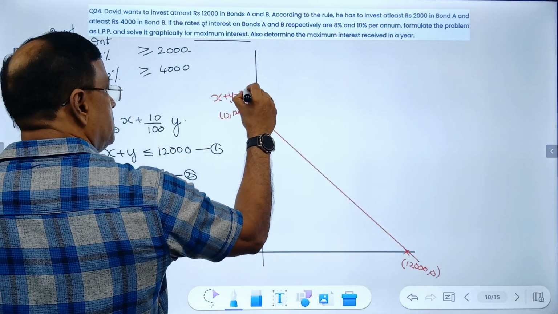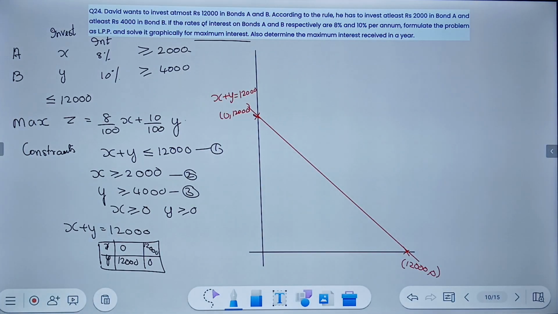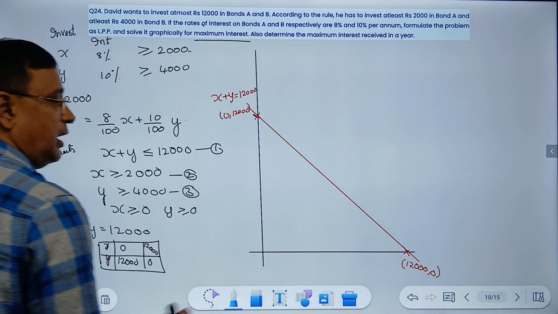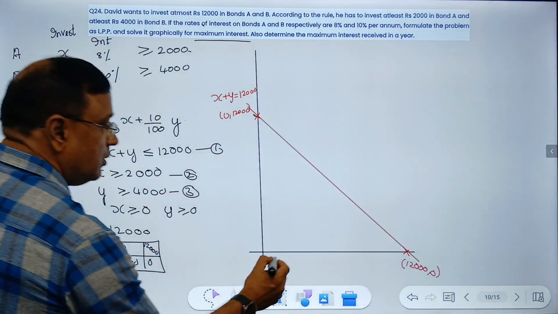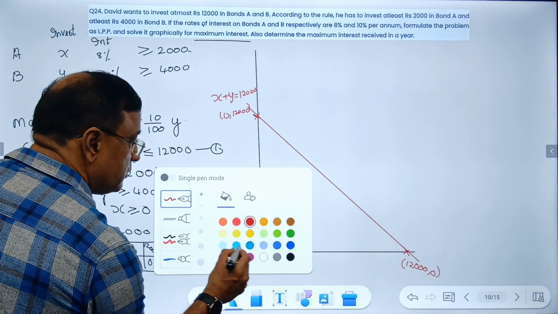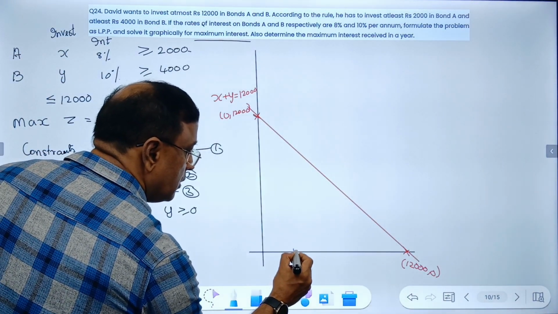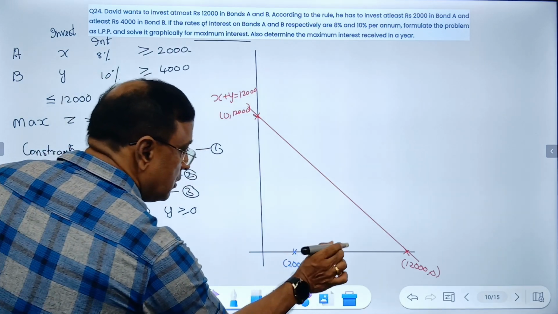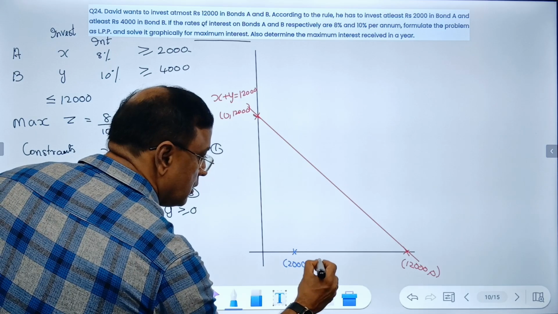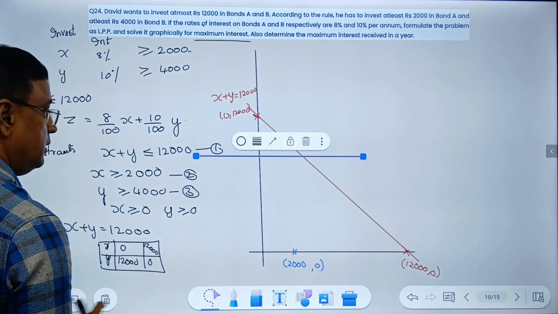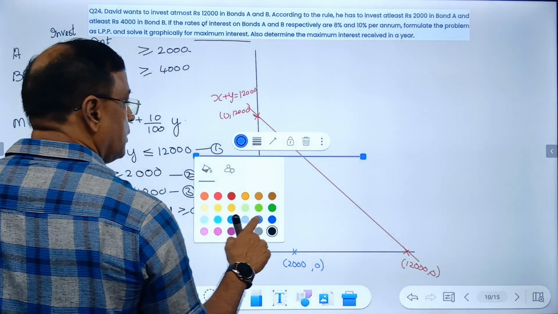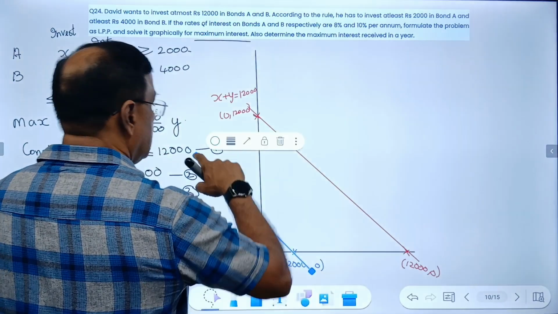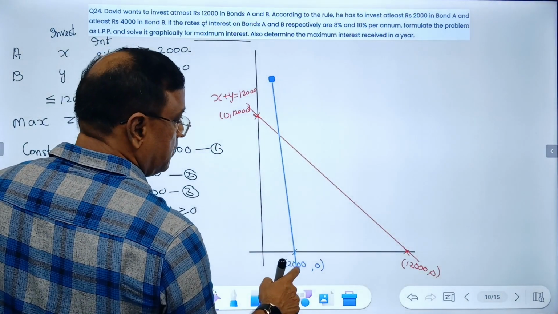So that's job done. Now x is equal to 2,000 is a line parallel to the y-axis at 2,000, 0, right? So let us say this is 2,000, 0. Now let's draw that line.